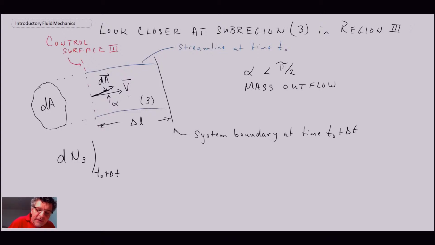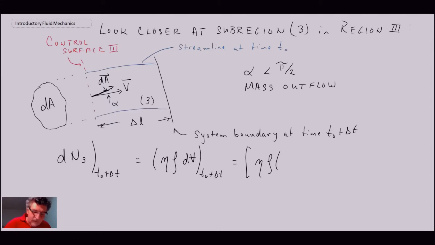This is the differential element that we're looking at here, equal to our intensive property eta times rho times the differential element of volume in this little differential element. And we can express this as the intensive property times the density multiplied by the volume, which is just going to be the area times the length.